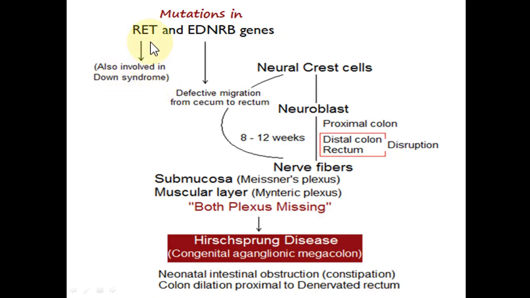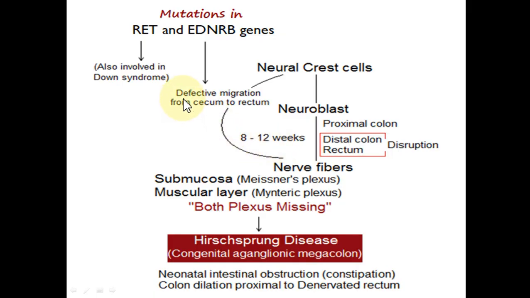Sometimes Hirschsprung disease is associated with Down syndrome, and the RET gene is said to be responsible for both of these conditions. So the normal migration of the neuroblasts to the distal colon and rectum occurs in roughly 8 to 12 weeks.